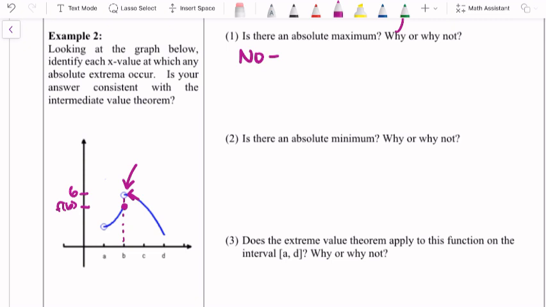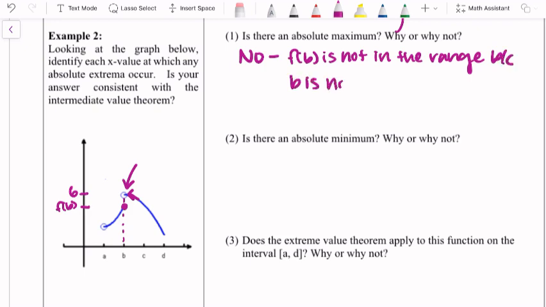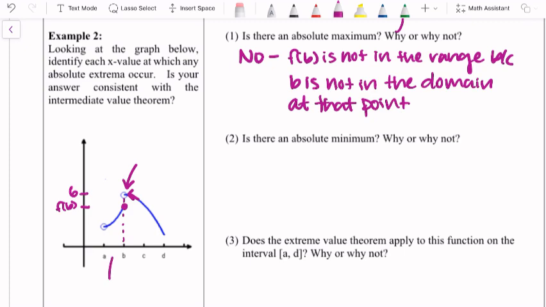So f of b is not in the range, because b is not in the domain at that point. What's important though is b is in the domain, but only in the domain of that first function. It's not in the domain of the second function.